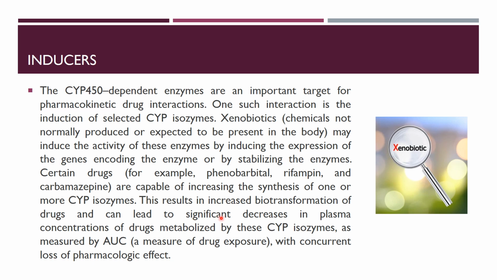This results in increased biotransformation of drugs and can lead to significant decreases in plasma concentrations of drugs metabolized by these CYP isozymes, as measured by area under the curve, a measure of drug exposure, with concurrent loss of pharmacologic effect.